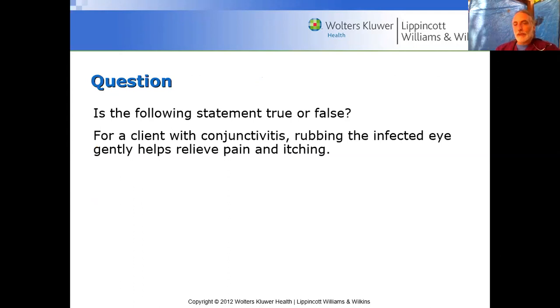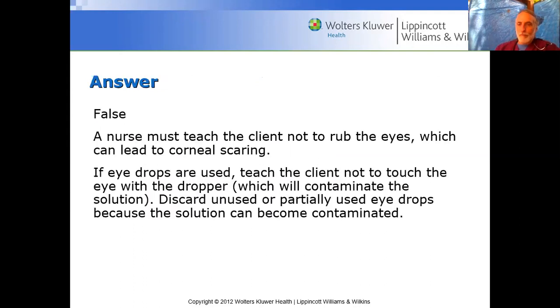All right, so for a client with conjunctivitis, rubbing the infected eye gently relieves pain and itching. What do you think? Should the patient be rubbing the infected eye? No. Can cause abrasions, can cause scarring.